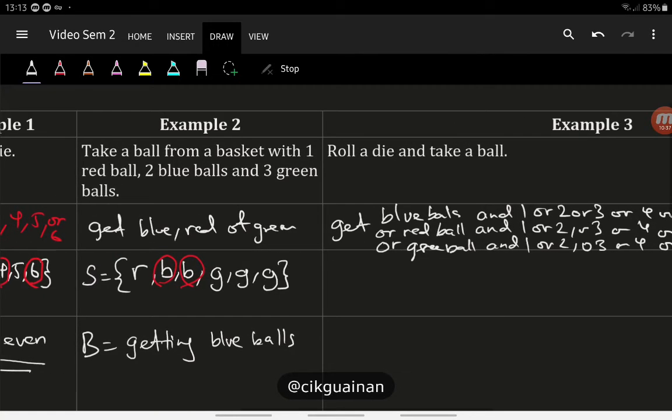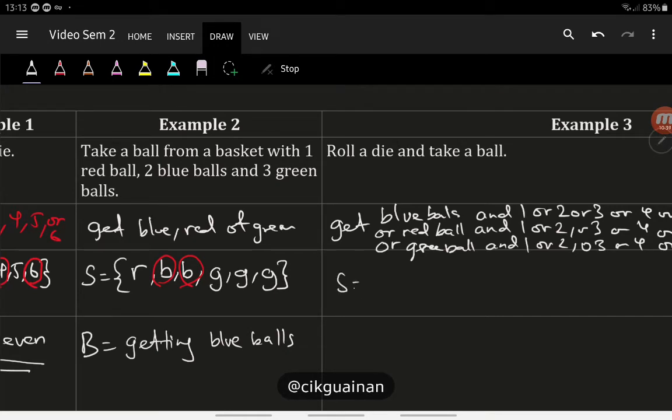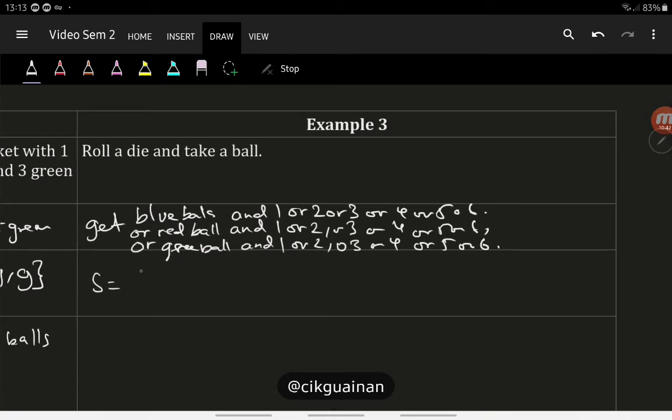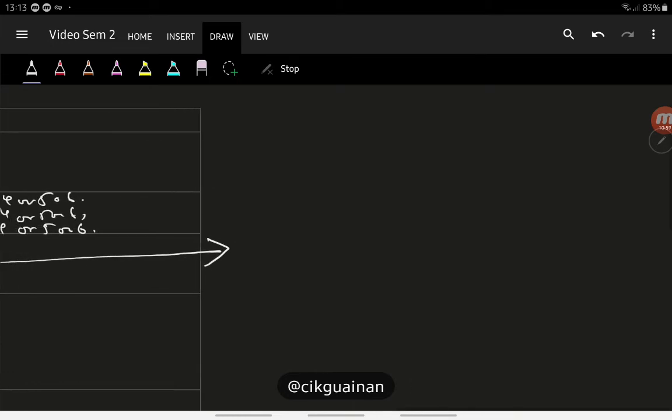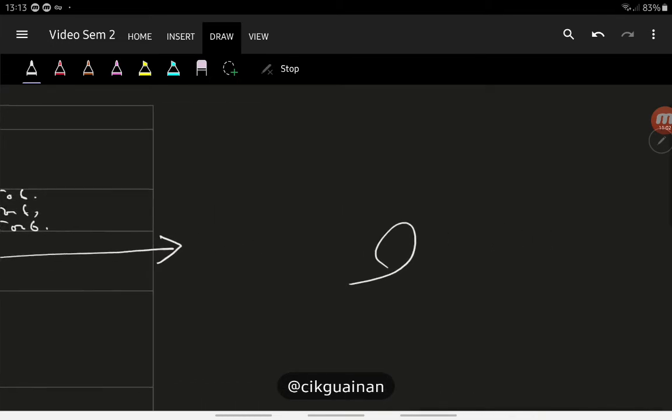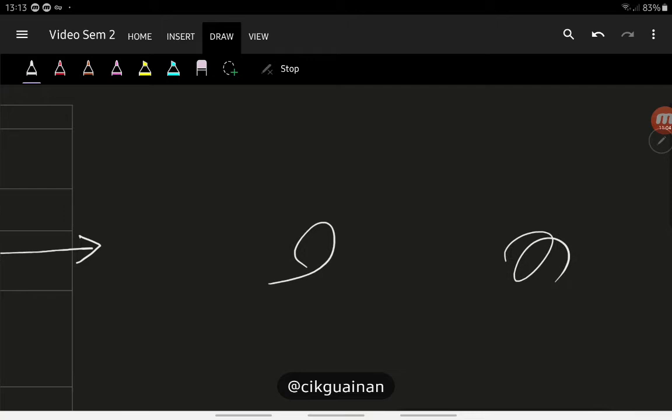Now, how about getting the sample space? The sample space is very big, if you ask me. Actually I can list it over here, but it is very confusing, so instead we do it over here by representing them in an axis like this.